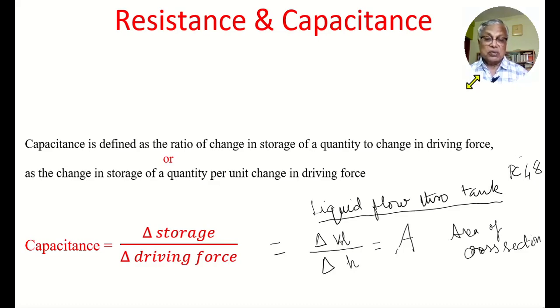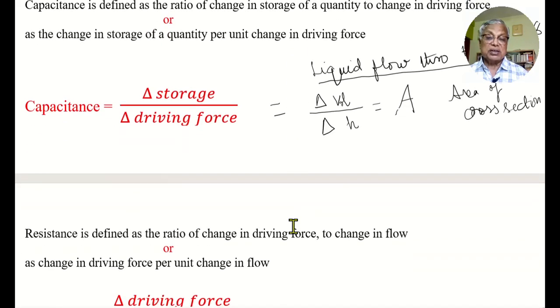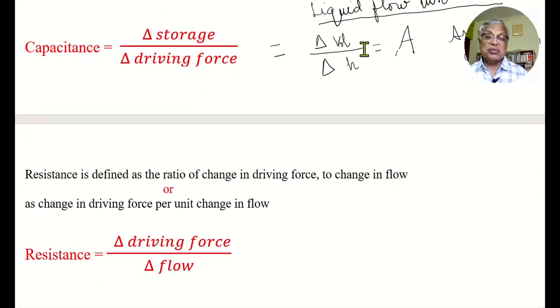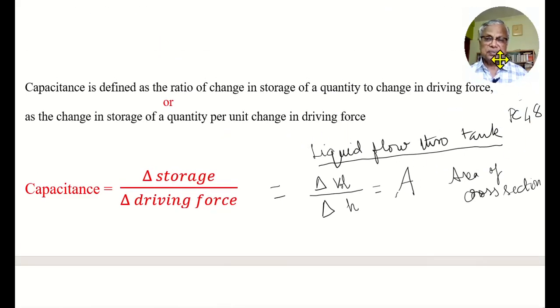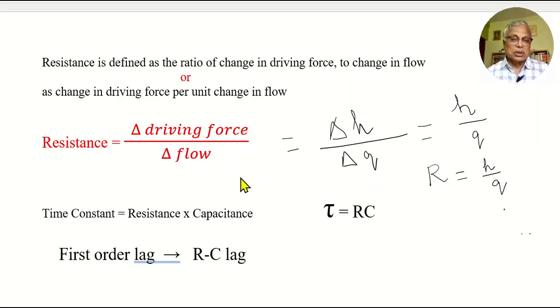Now let us find out what will be the resistance in that same tank by using this for the same liquid flow through tank. Find out the resistance using the same formula for tank. Resistance is change in driving force.